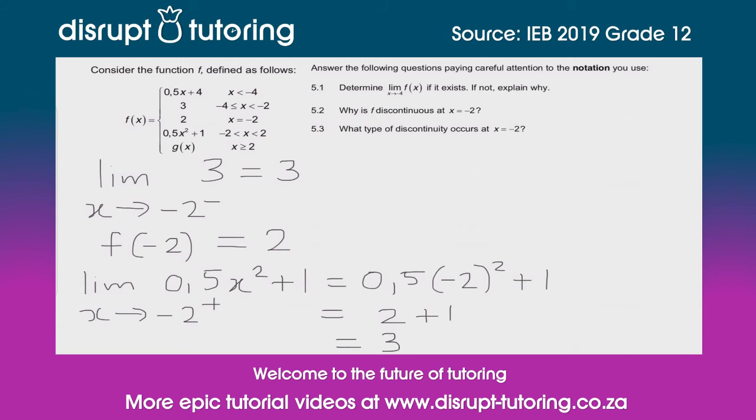So this tells us the limit from the left is equal to the limit from the right, but not equal to the function value.